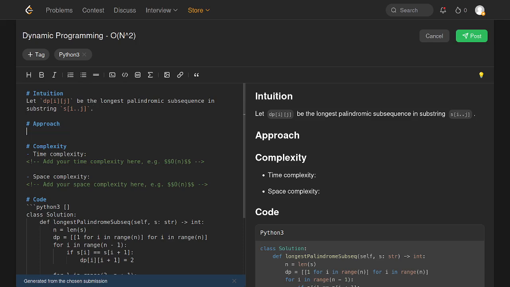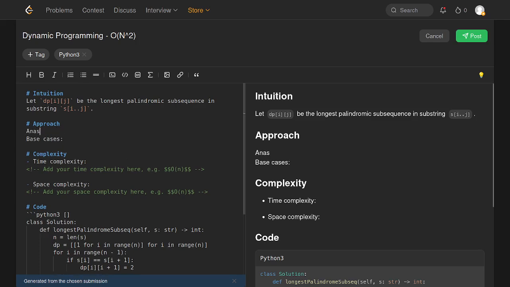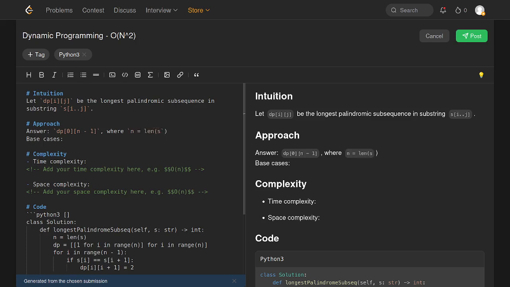Approach. Base case, so the answer is dp[0][n minus 1] where n is len(s).